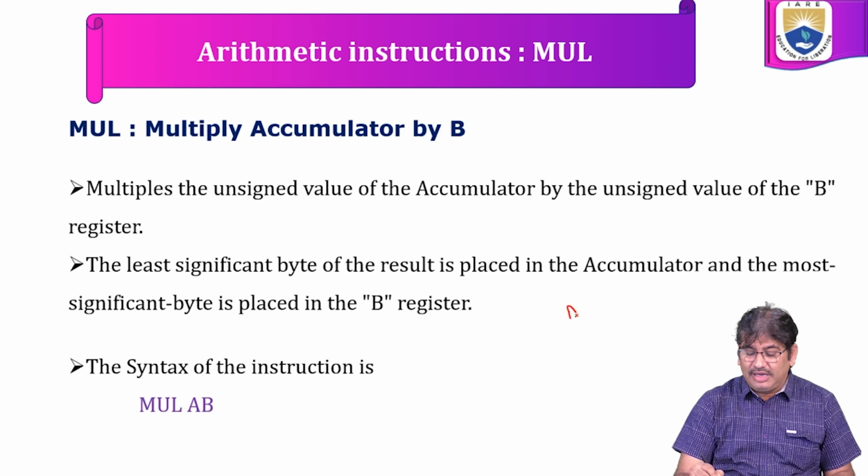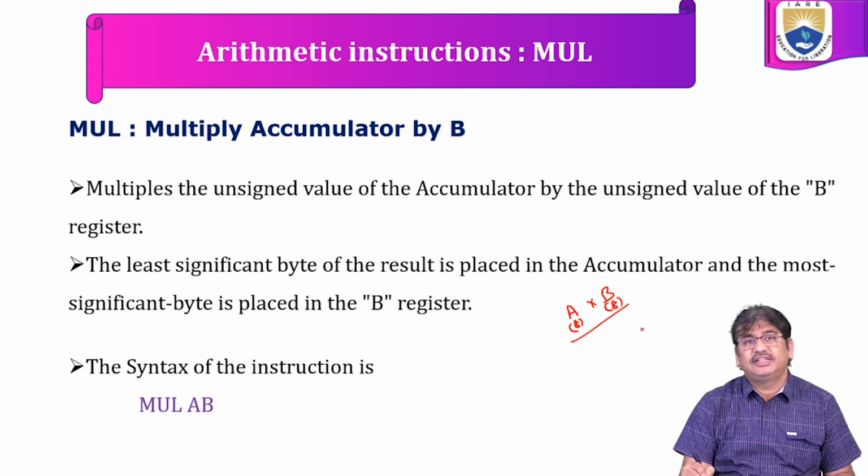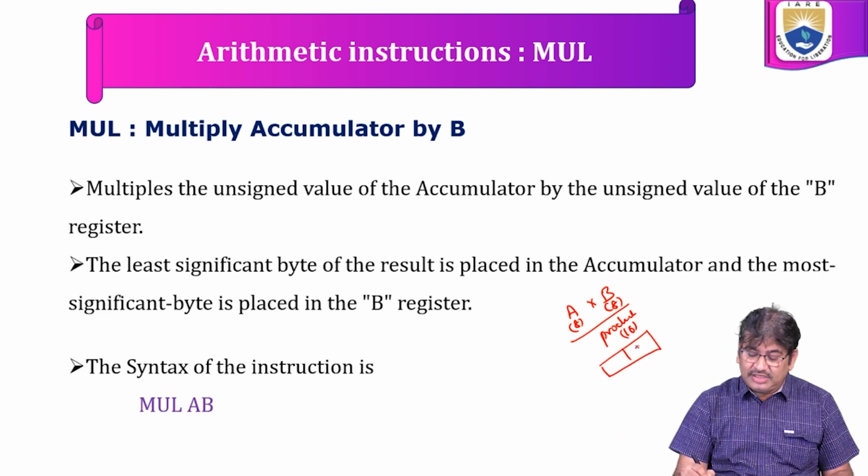So here we are multiplying the A register contents with the B register contents. A register content is 8 bits, B register content is 8 bits. The product is a 16-bit size. The 16 bits are going to be stored in 2 registers. One is the accumulator, the second one is the B register.